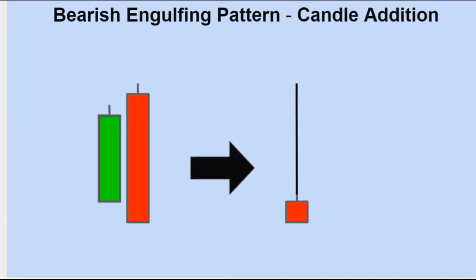Now, let's look at how the process of candle addition will take a two-candle bearish engulfing pattern and combine it into a single equivalent candle.